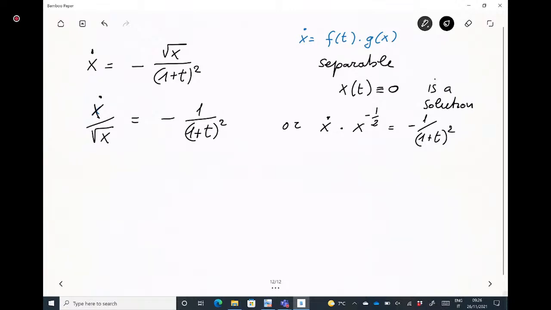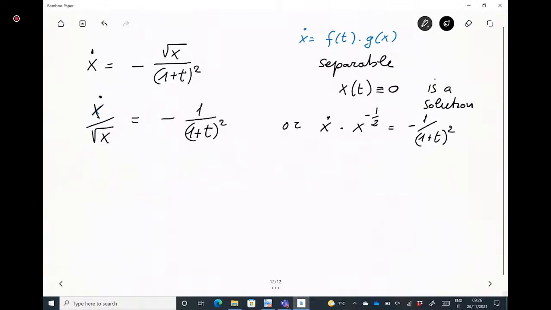Now, remember that I have to compute the integral of the left-hand side with integration variable x, and of the right-hand side with the integration variable t. I don't change the name of the variable, because this in principle is square root of x of t, and I should integrate with respect to t. But x dot dt is the differential if I transform the variable.